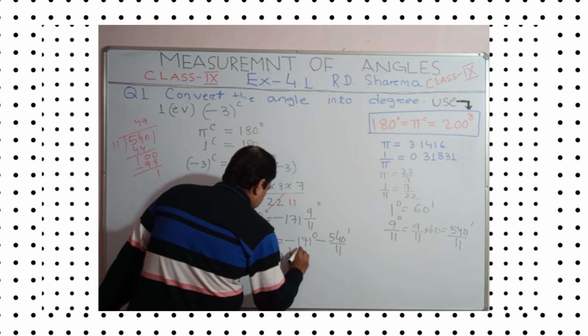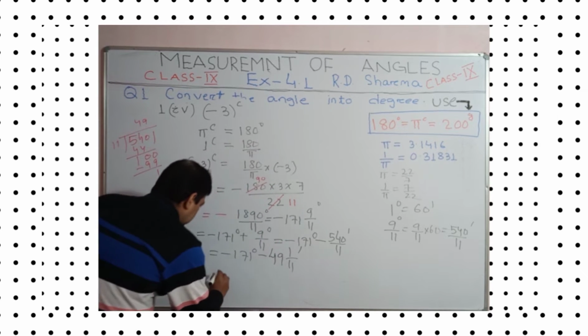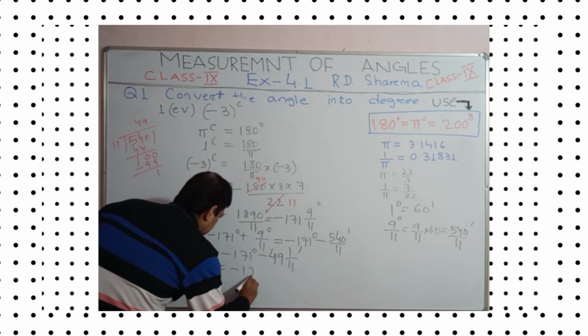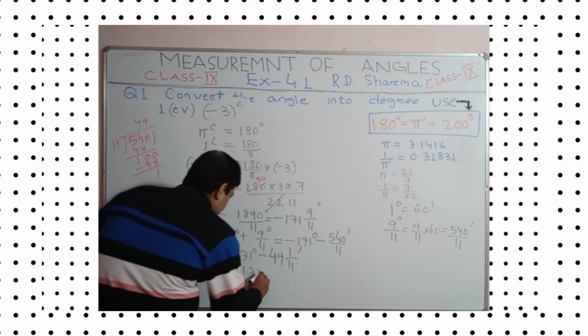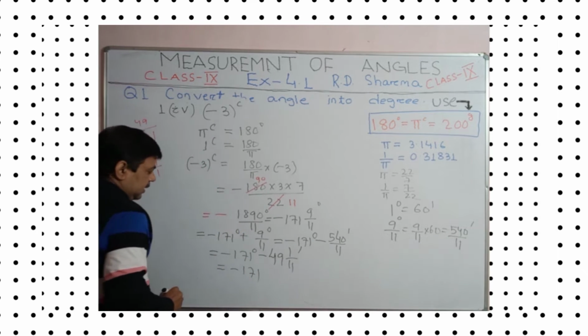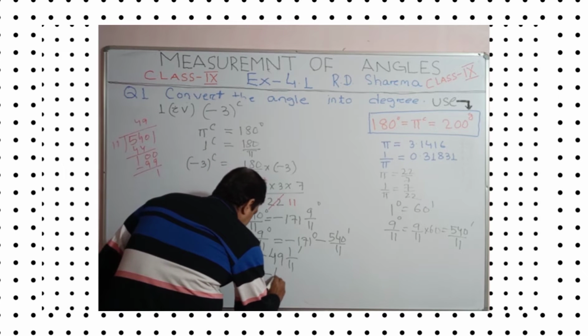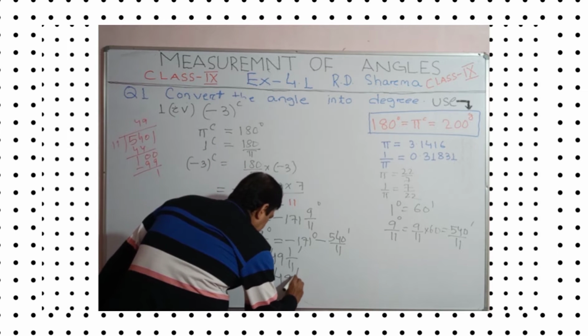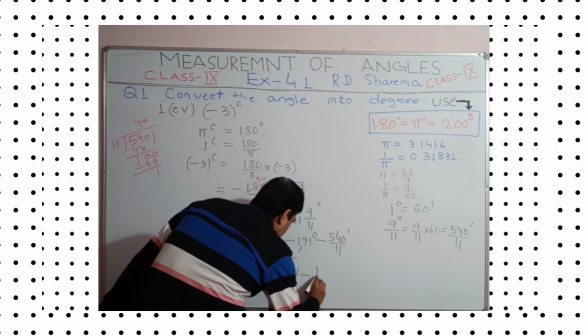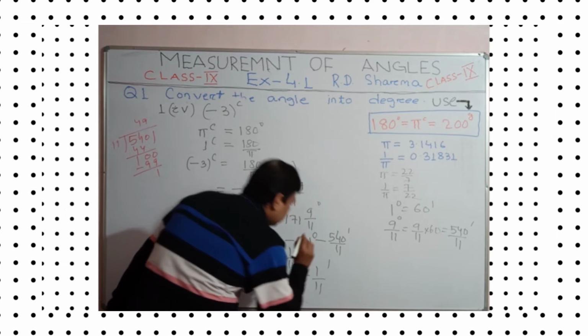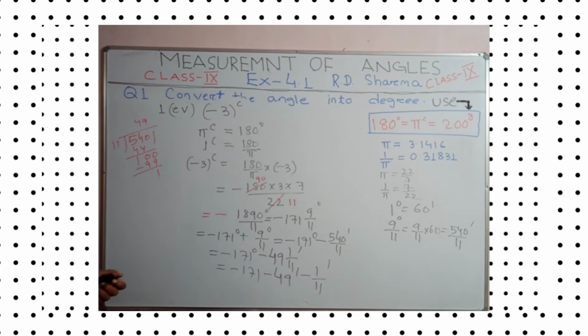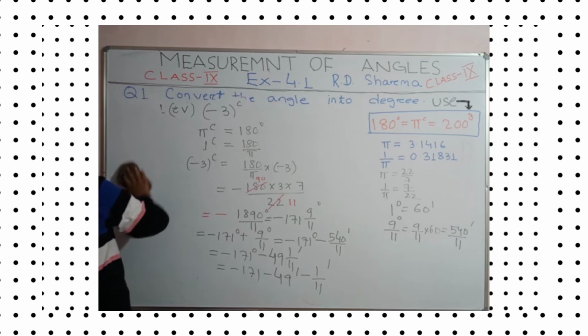Yes or no? Or I can write minus 171. Okay, is it clear? Minus 49 minute and minus 1 by 11 minute. Yes or no? Again, student, you see, this minus 1 by 11 minute we can convert again into second.